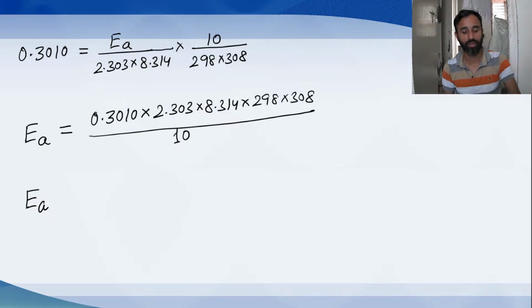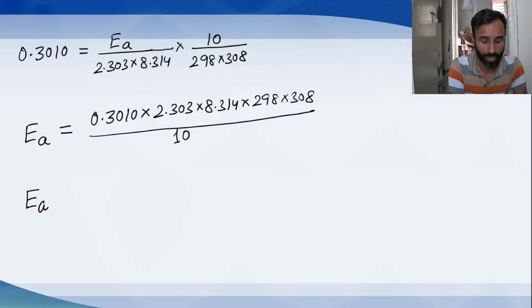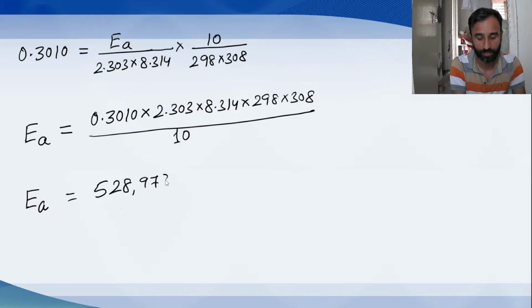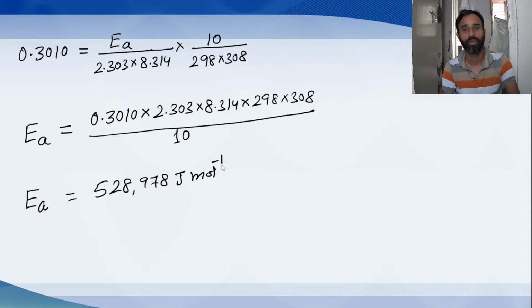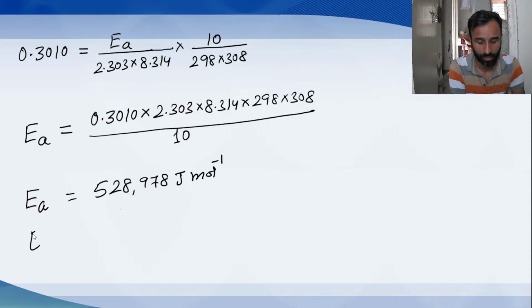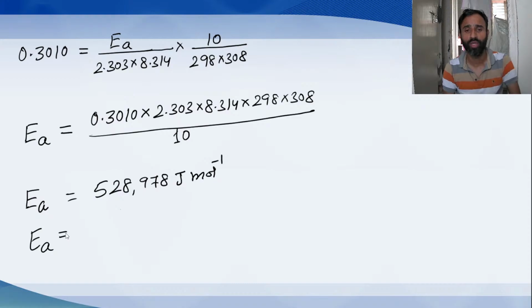It is 528978 joule per mole, divided by 10.